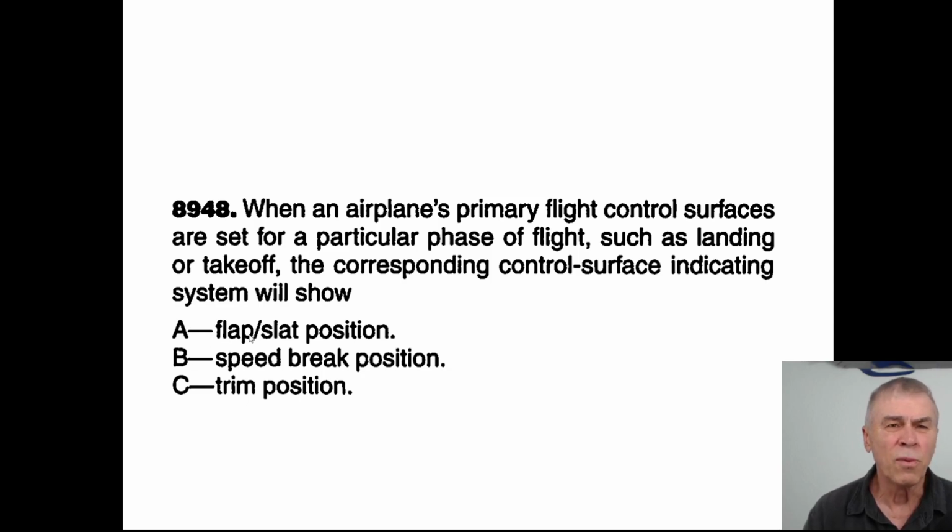Flap, and it's relative to slat, which I believe in some aircraft is the leading edge flap. And trim, I do like trim. What about speed brake? Well, that was in the takeoff configuration. This one here is control surface indicating. So trim position is the only control surface that is going to help with your control over the aircraft. So trim.